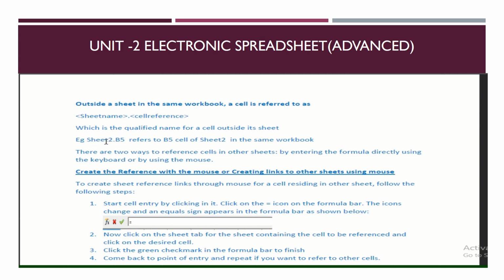An example is also given, if you want to refer to the B5 cell of Sheet2, how you will use it? You will refer to it by the name of the sheet, which is Sheet2, and then you will put a dot, and after that you will write the cell name to which you want to refer. So it will refer to cell B5 of Sheet2 but in the same workbook, right?